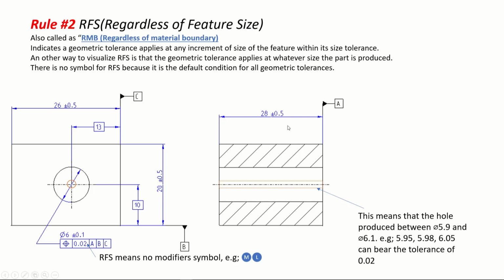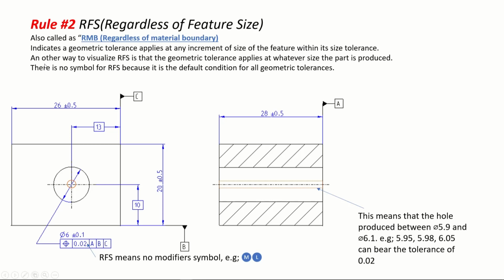Here, if you take the example, suppose a part has been produced with a size like 5.95, 5.98, or 6.05, within the range of 5.9 and 6.1, it will have a position tolerance of 0.02. Whatever part is produced in between, that is what the definition says: it indicates a geometric tolerance that applies to any increment of size of the feature within its size tolerance.